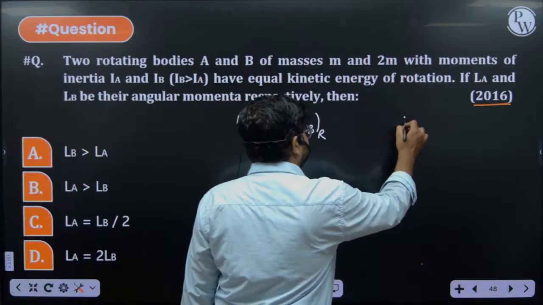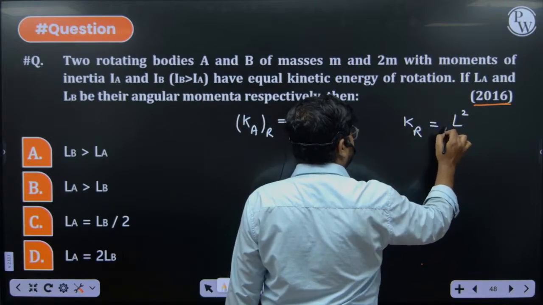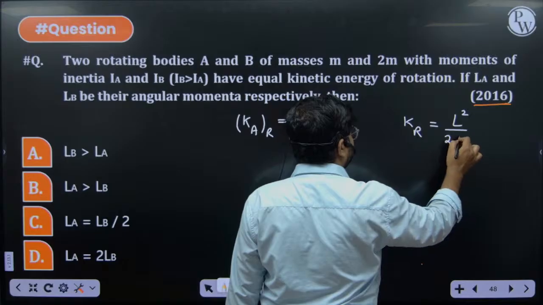So there is a formula. Rotational kinetic energy is angular momentum square by 2 moment of inertia.